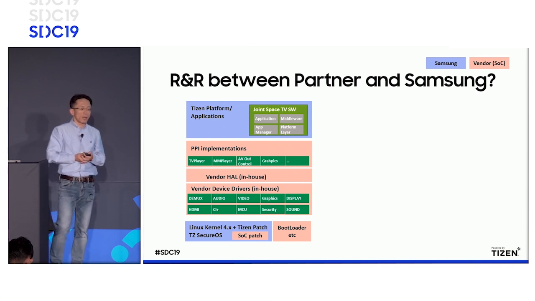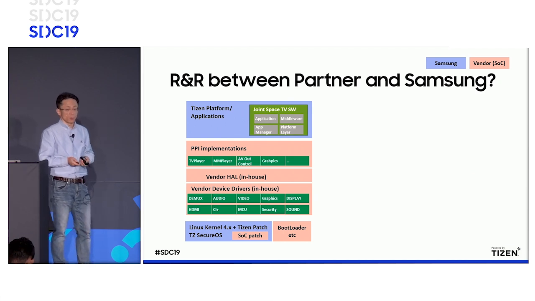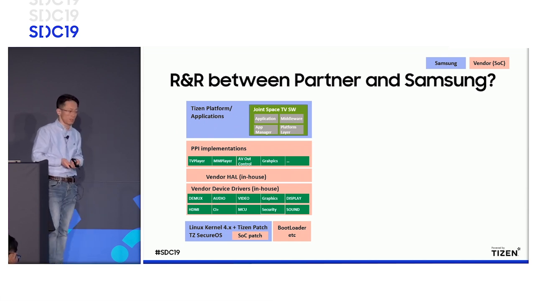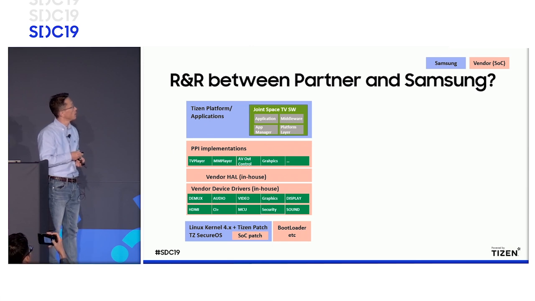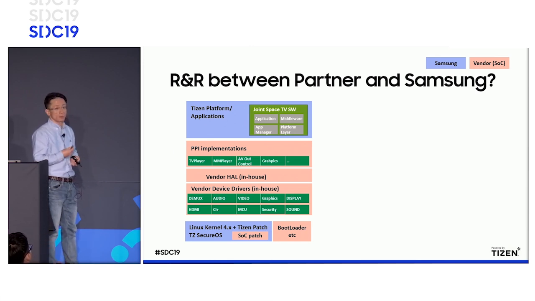Looking at the R&R between the partner and Samsung. So blue box is Samsung's, and the other color is the vendor's responsibility. So as I told you, this will be provided to you. Basically, most of the source code will be provided to you, but PPI is in this scope.